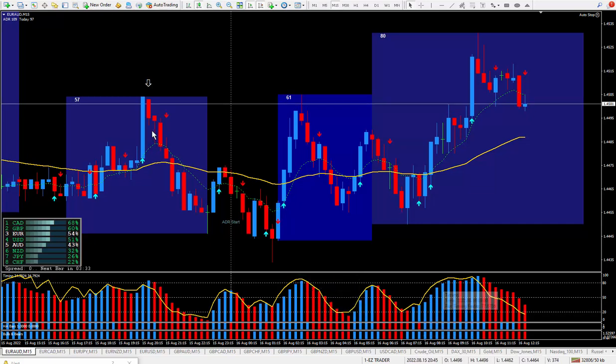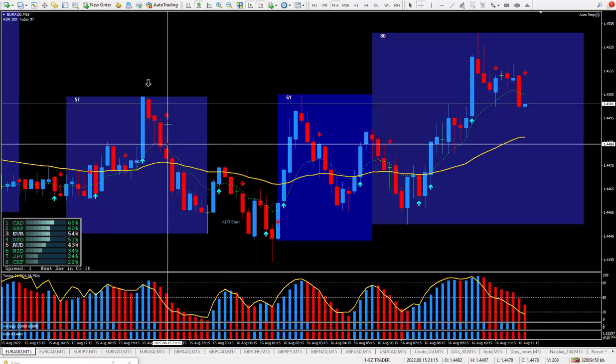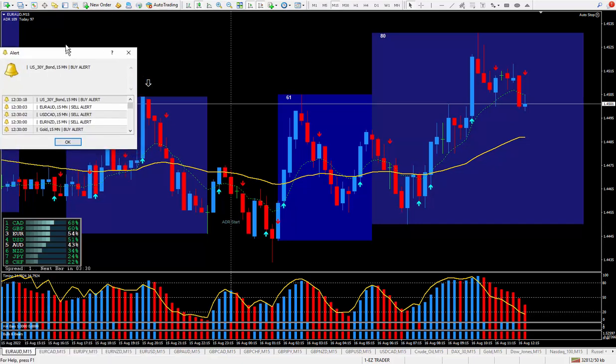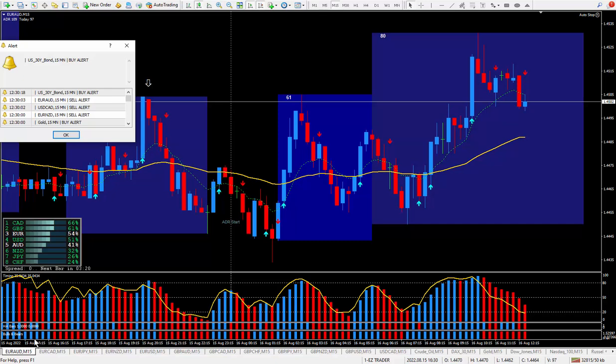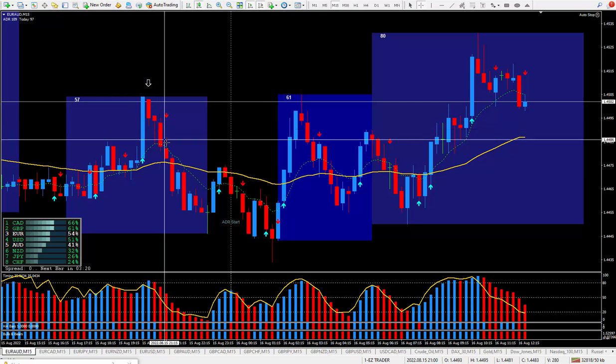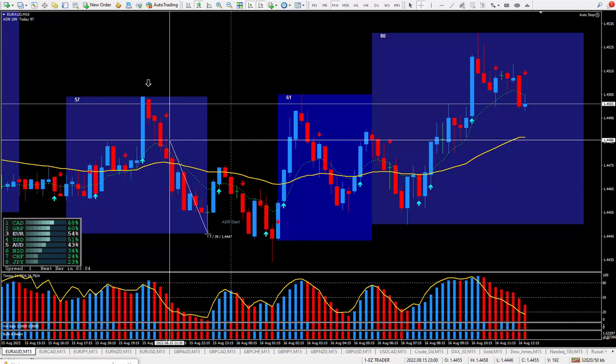So you're in either here, but definitely when this candle closes, you'll get this arrow, pop-up box, like right here. You'll get this pop-up box telling you Euro Aussie sell. Audio sound, pop-up box. All you got to do is come to the computer, get in on this candle as high up as possible. And that down to there produced almost 40 pips.